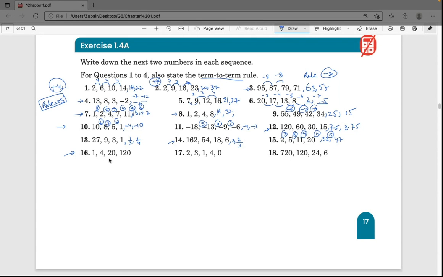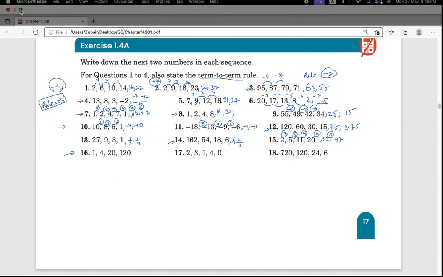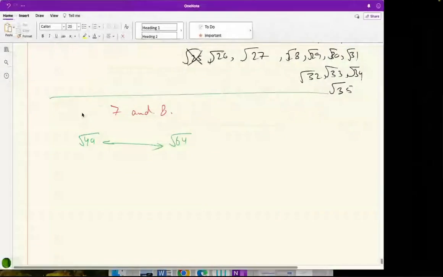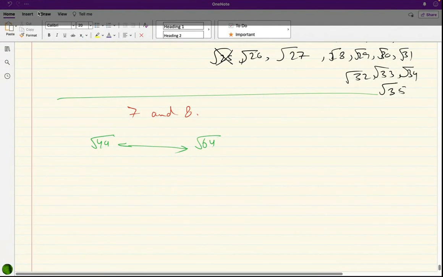First is 3, then is 16, then is 100. Okay, you're thinking about the differences. It's not always addition or subtraction, right? Yes, sir.